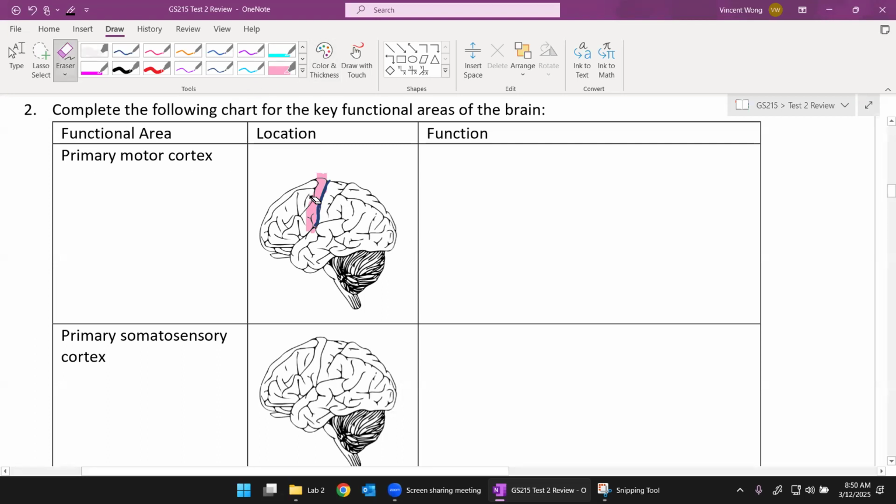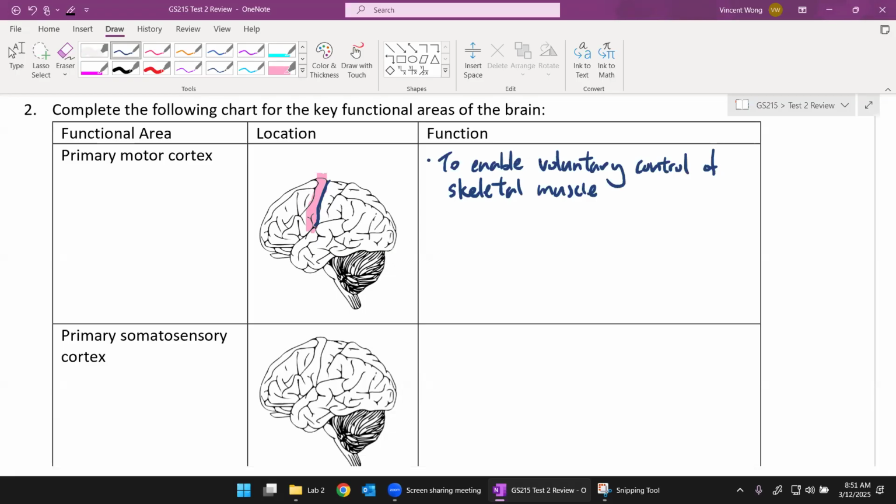So this is the primary motor cortex, and the function of primary motor cortex is to enable voluntary control of skeletal muscle. Anything you can move at will is skeletal muscle.